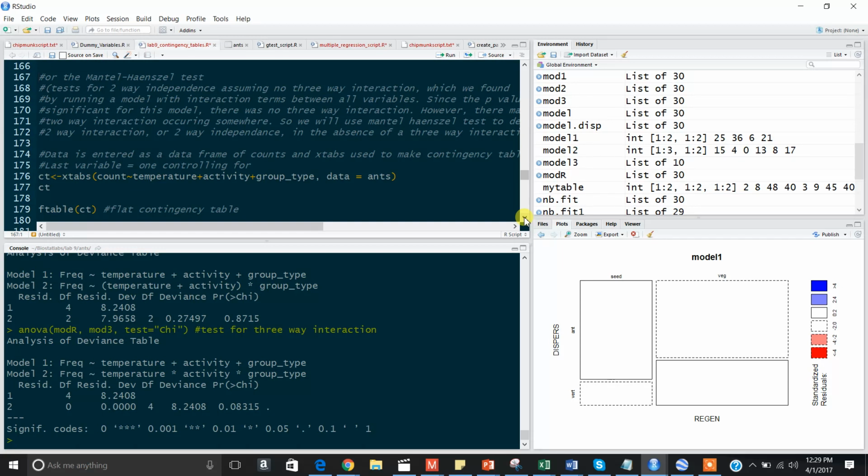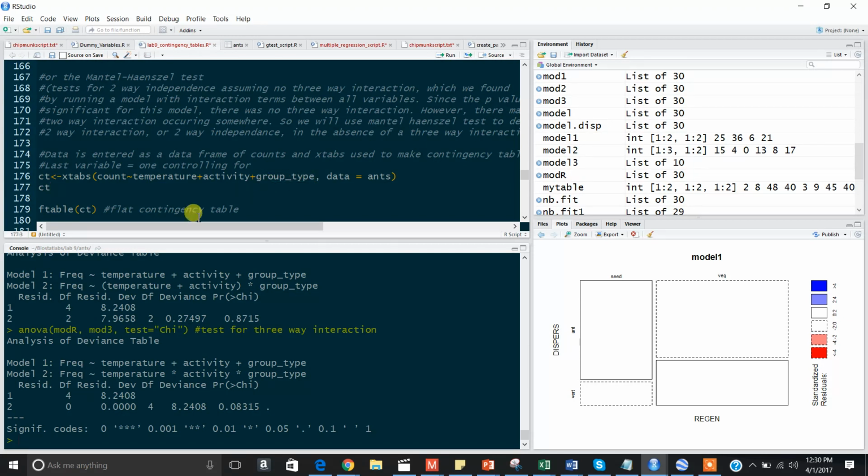So the data is entered as a data frame for your counts, and we're going to use the xtabs function to make a contingency table. When you set this up, we're going to have the two variables, or two predictors, that we're interested in looking at. And then the last variable that is put in is the one that you're controlling for.